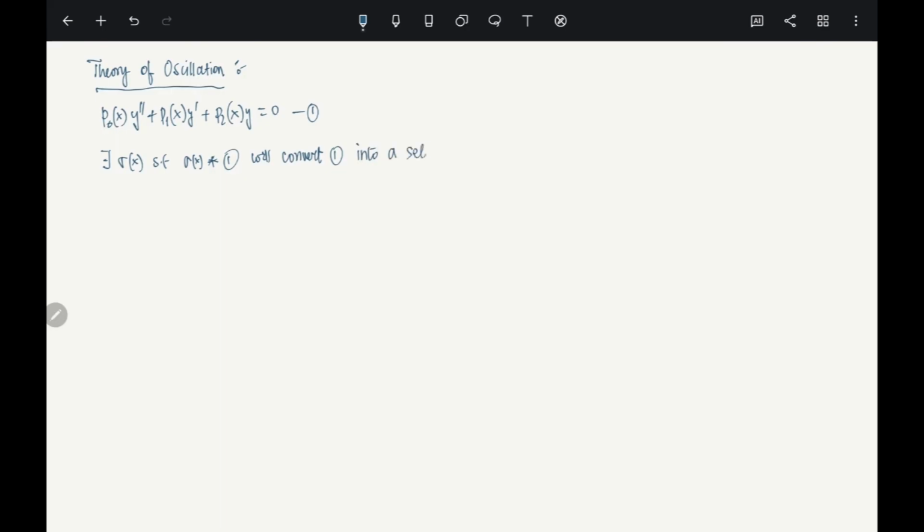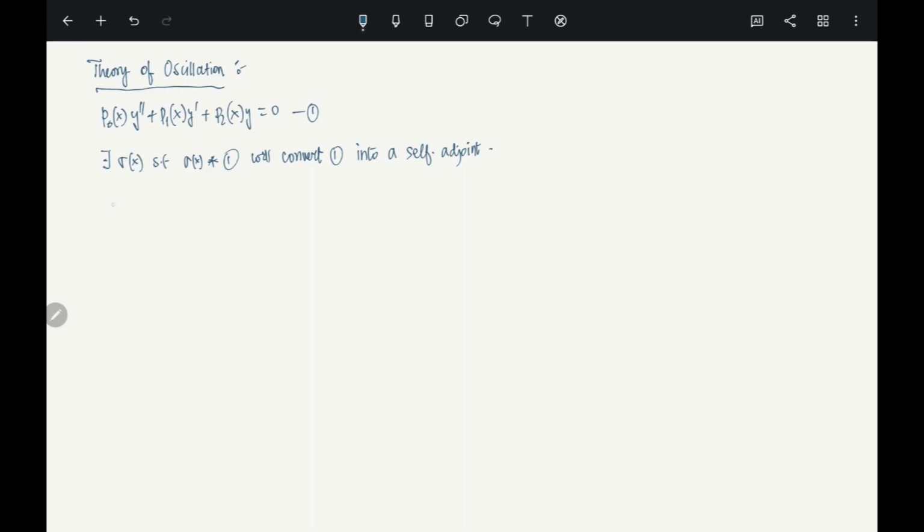I hope you remember that, self-adjoint, right? Basically what I am trying to say is that given any equation, you can actually convert it into a self-adjoint equation, right? So from now on, I am only going to talk about self-adjoint equations because those are very nice equations. I will tell you why that form is very important.